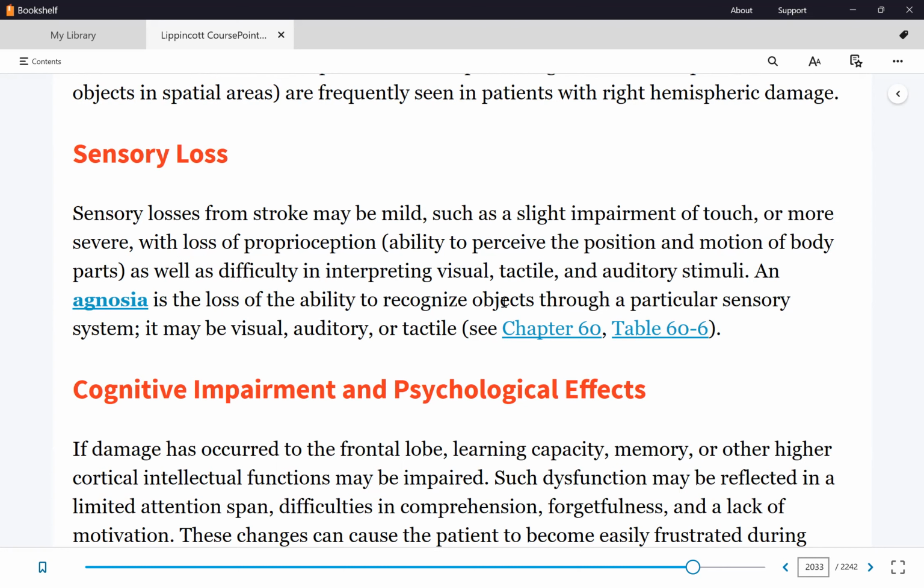Do you follow so far? Yeah. Meaning, let's say I give you, whatever I give you, you cannot recognize the object. All right, meaning, you can see this in other disorders as well, but it's present in stroke. Meaning, you give them an orange, they'll say, "I know that.